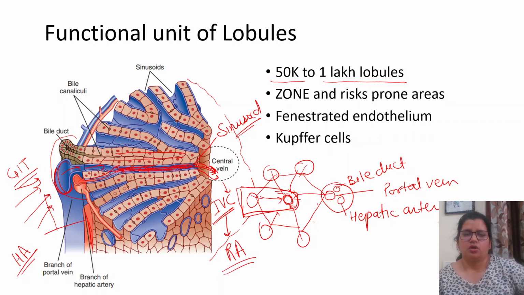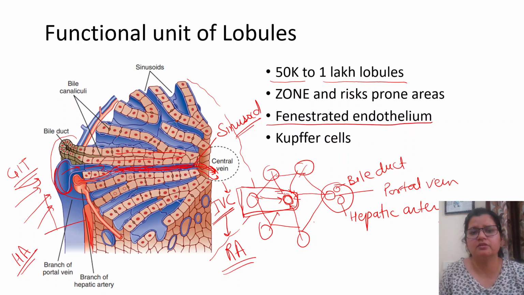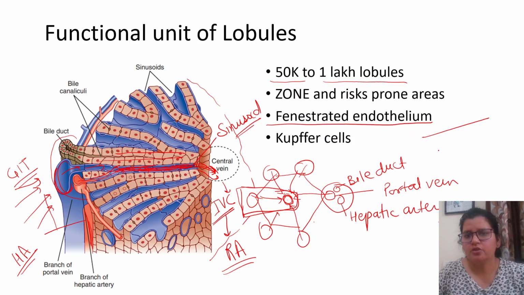Okay, so what happens basically here, as this is a sinusoid, the layer is the endothelium layer, and you can see the endothelium layer is fenestrated, meaning there are gaps between two endothelial cells.